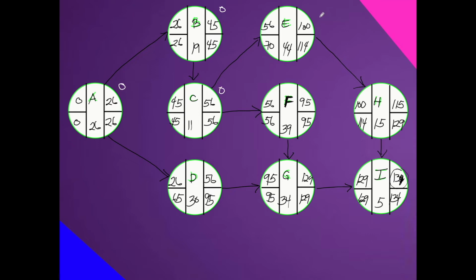Itong E, 114 minus 100, or 70 minus 56. This will be 14. Next, itong D naman, 95 minus 56, or yung kabila, 65 minus 26. So, ang slack natin for activity letter D is 39.